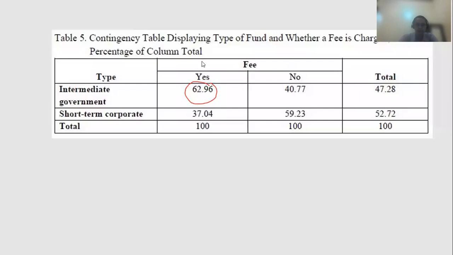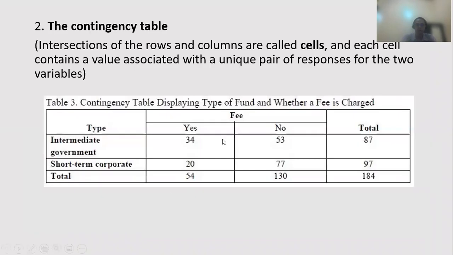this response is divided by this column's responses. Okay. So again, let's prove if we're right or wrong. There are 34 responses, and in total there are 54 responses with the information of a fee being charged.